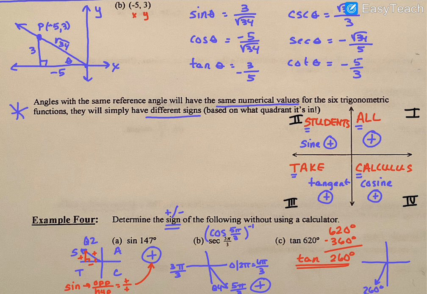So 260 is going to land in quadrant 3. And what's my phrase? All Students Take. So in quadrant 3, who's positive? Tangent and its reciprocal, cotangent. So what's that say about the tangent of 260 degrees? It is positive.